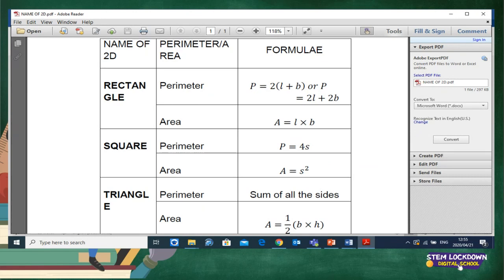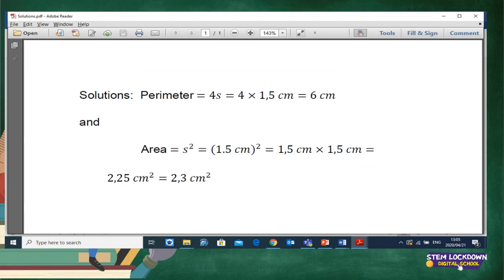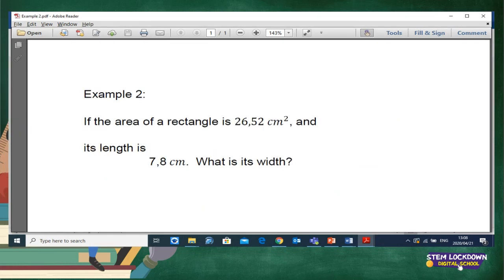Now, we are going to use this formula to find the missing variable. And in this case, the missing variable will be the breadth, because we are given the area, we are also given the length. And of course, this means that the length is 7,8 and the area is 26,52. Now let's proceed.